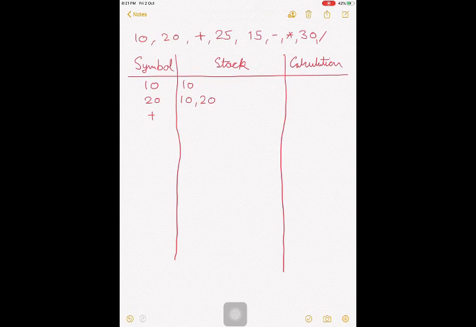Plus is a binary operator here. It will require 2 operands, so both 10 and 20 will be popped from the stack and put into the calculation part, and when they are added, the result of the addition will also be pushed onto the stack.